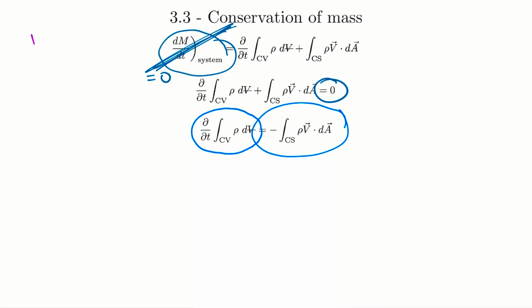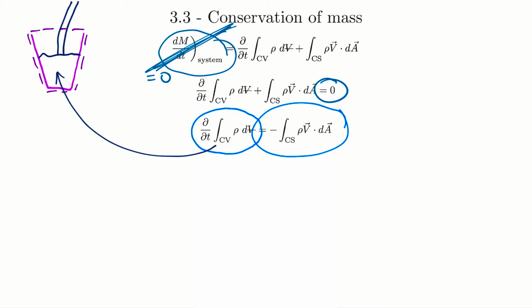Maybe I'll sketch that here. That's my bucket. I might draw the control volume around it like this. And now I might have some water in it, and I might have some water flowing down. So the first term is how much that mass within the control volume is changing. And this term right here is looking specifically at right there where it's crossing the control volume.